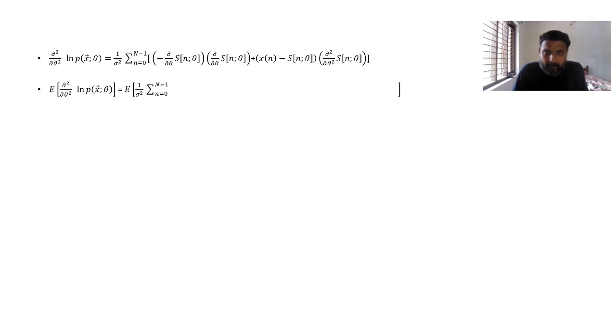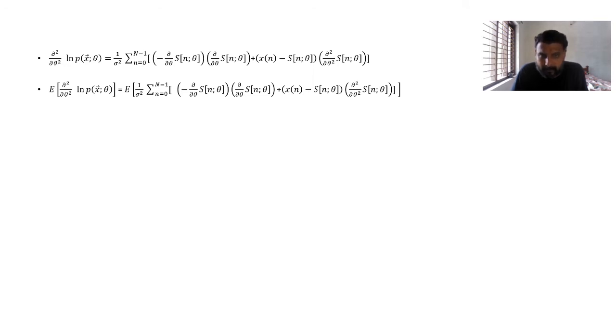Expectation of 1 by sigma square, sigma n equal to 0 to n minus 1, of minus ∂/∂θ of s of n of theta times ∂/∂θ of s of n of theta, plus x of n minus s of n of theta times ∂²/∂θ² of s of n of theta. If you are taking the expectation inside that bracket, inside the sigma, we can consider the first term.